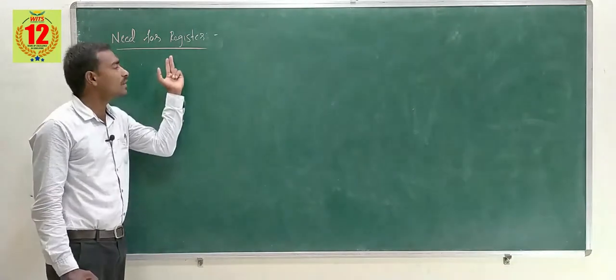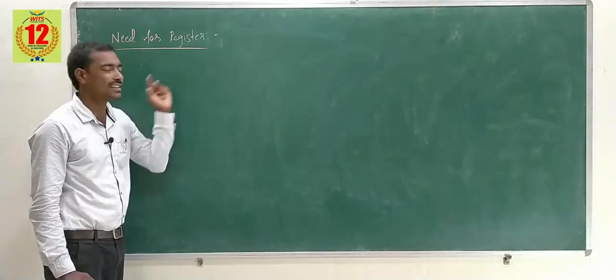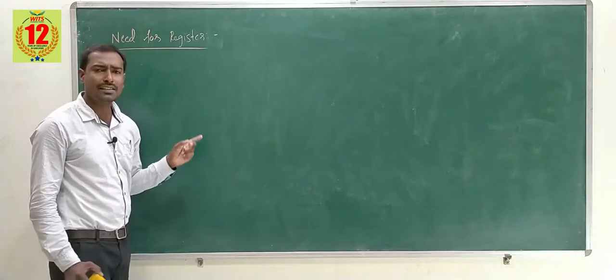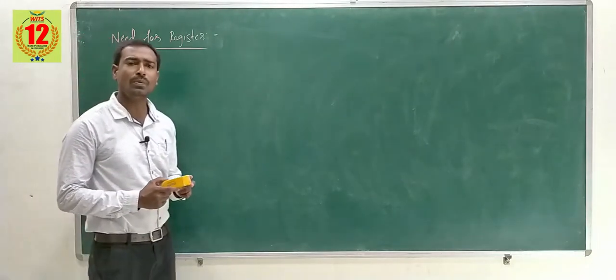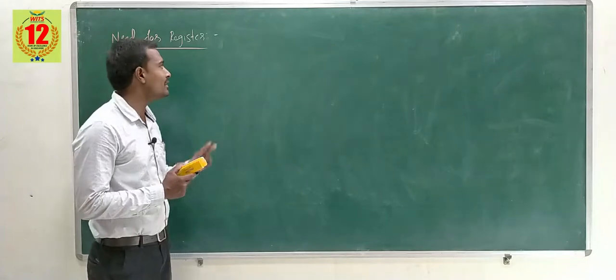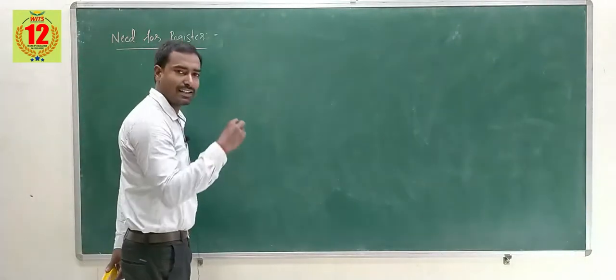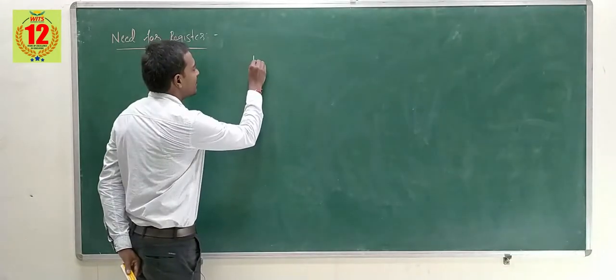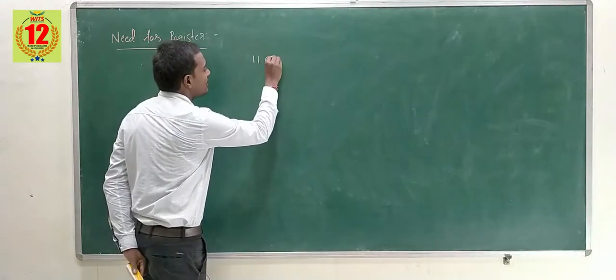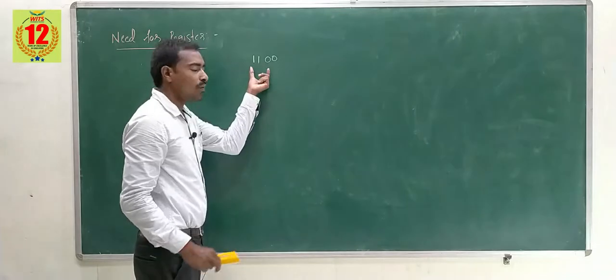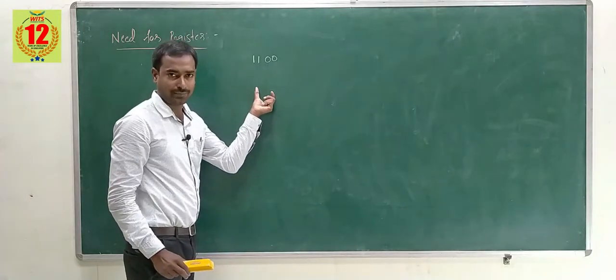Before going to need for register, what is register? Register is nothing but a group of flip-flops. Take one digital data, that is 1100. This is a 4-bit digital data.